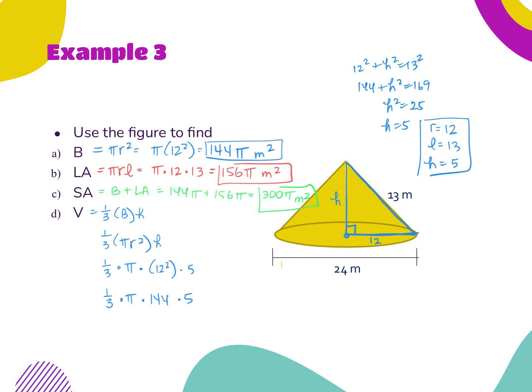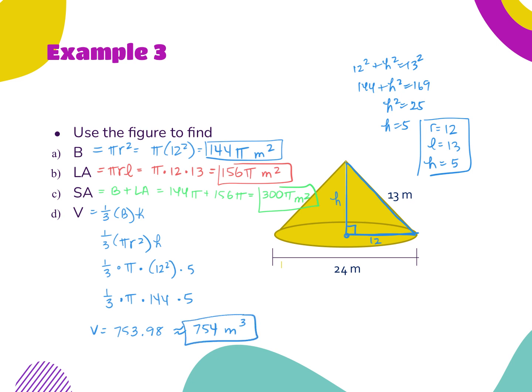I get this answer and I divide it by 3, which is the same as multiplying by 1/3. And I get 753.98 or approximately 754 meters cubed this time, because again, I'm talking about volume.